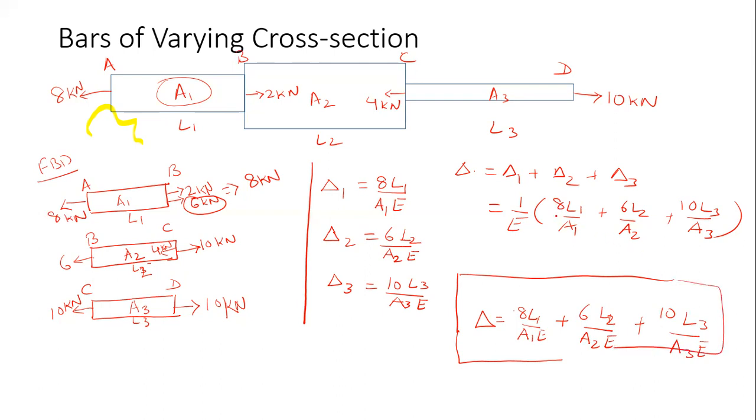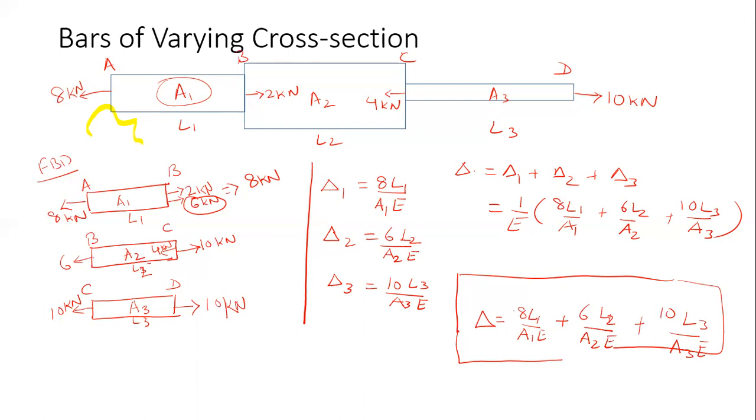This is how we can calculate the total deformations or the total strain in a body, even if the cross sectional area is varying, and even if the material is different for different sections and different amounts of forces are acting at different sections.